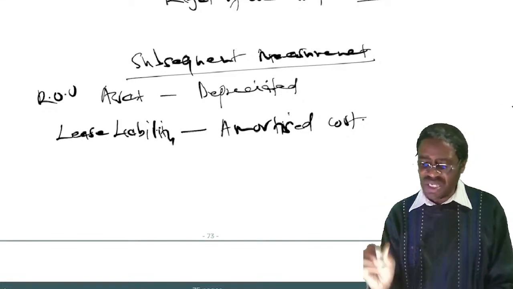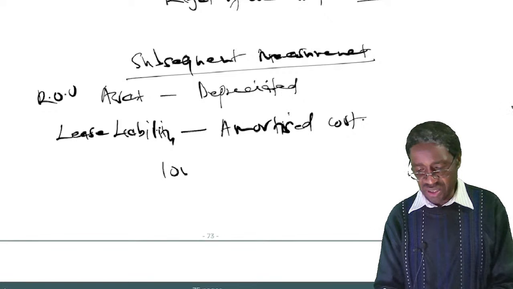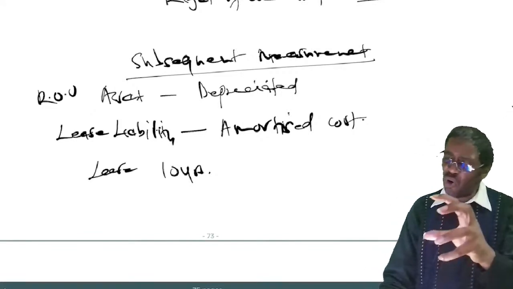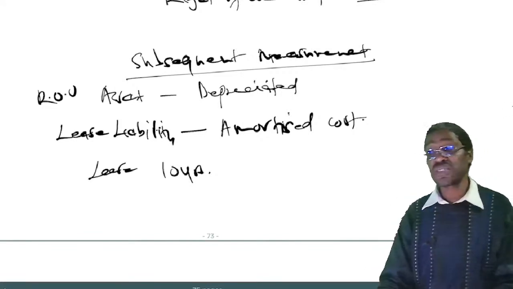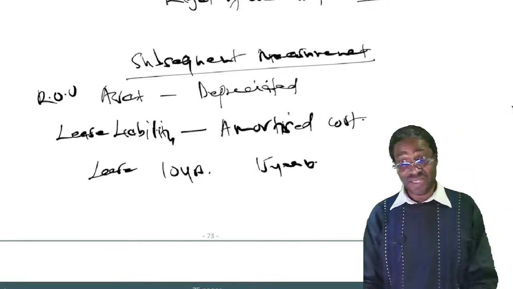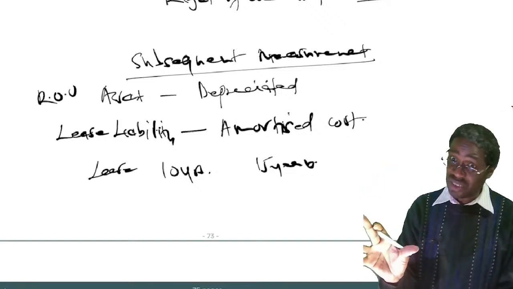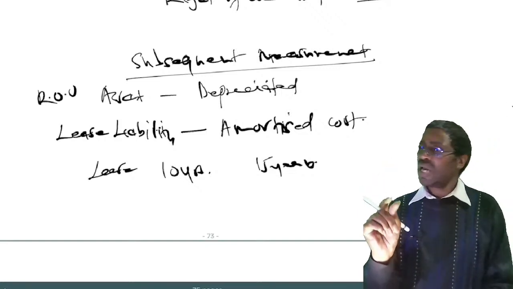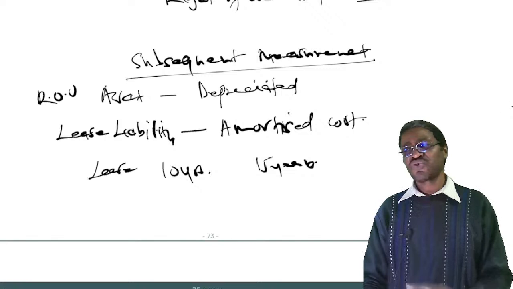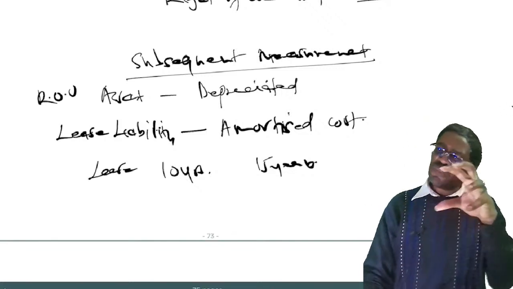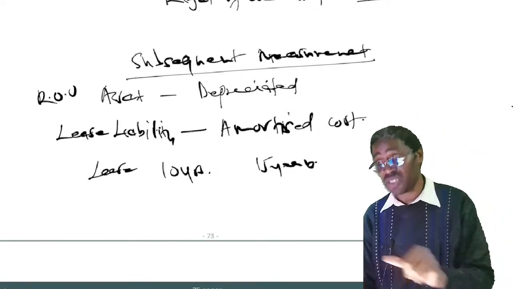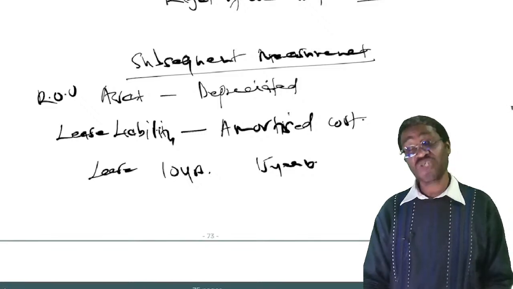You may lease a machine for 10 years, but the useful life of that machine is 15 years. So you as a lessee, should you depreciate it over 10 years or should you depreciate it over 15 years? That's an important question I want to answer.